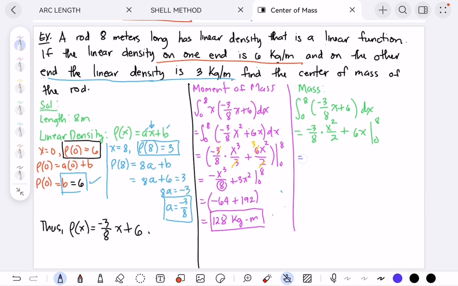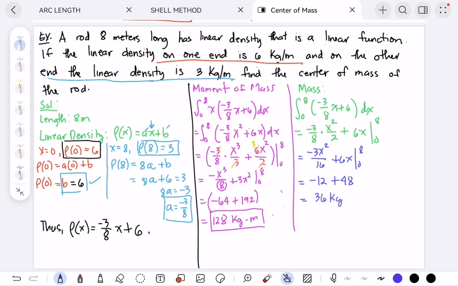So I will have here negative 3x squared over 16 plus 6x, evaluate from 0 to 8. So when x is 8, 64 divided by 16 is 4, times 3, so I'll have a negative 12 here, plus 48. So the mass is 36 kilograms.